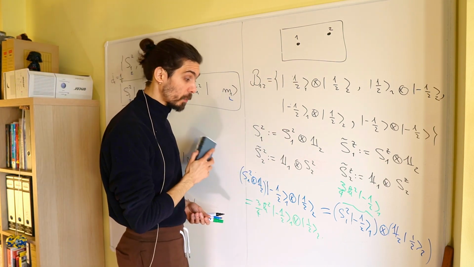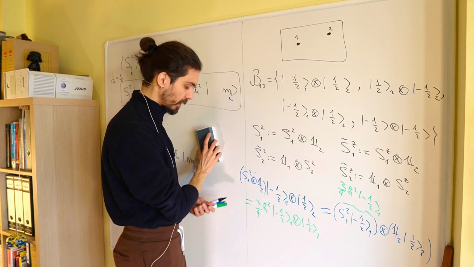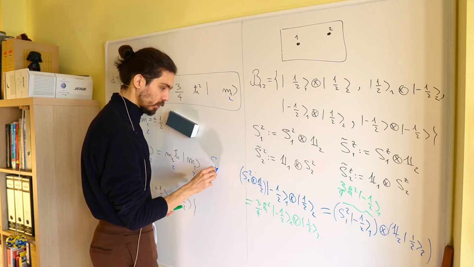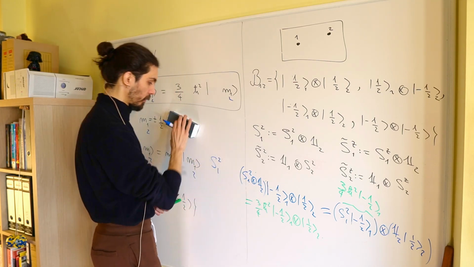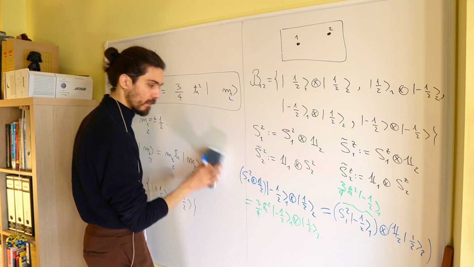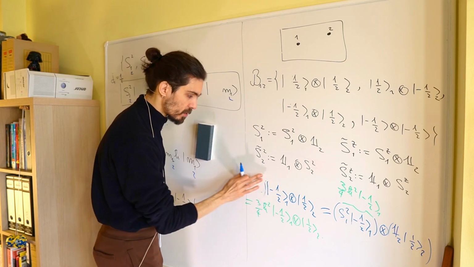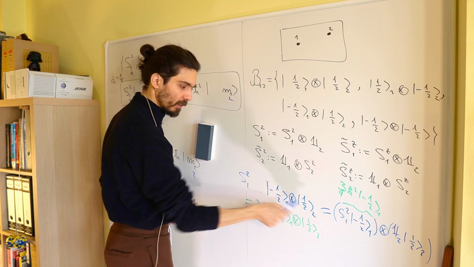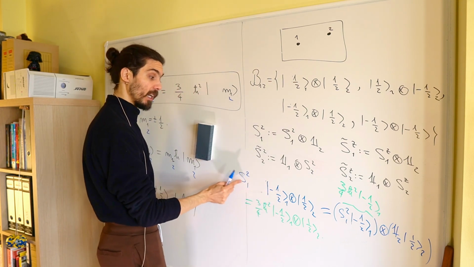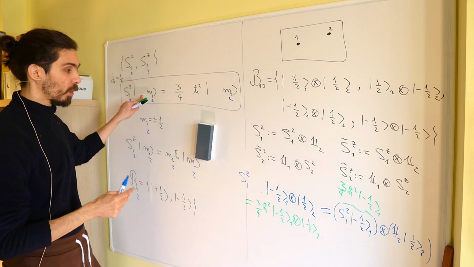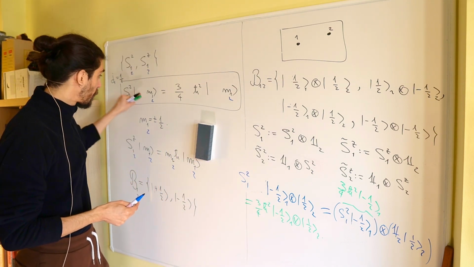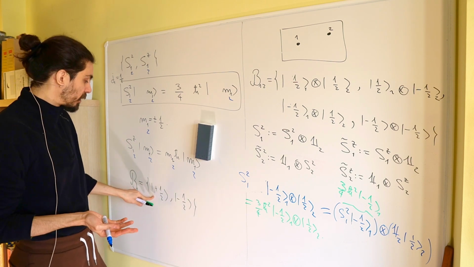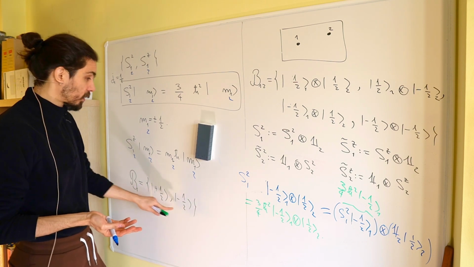So what is this thing supposed to mean? Well, here is one example. When you see, from now on, S1 squared acting on this, it should be understood that this S1 squared is not this one, because that is only defined for this B1, which is not a tensor product.